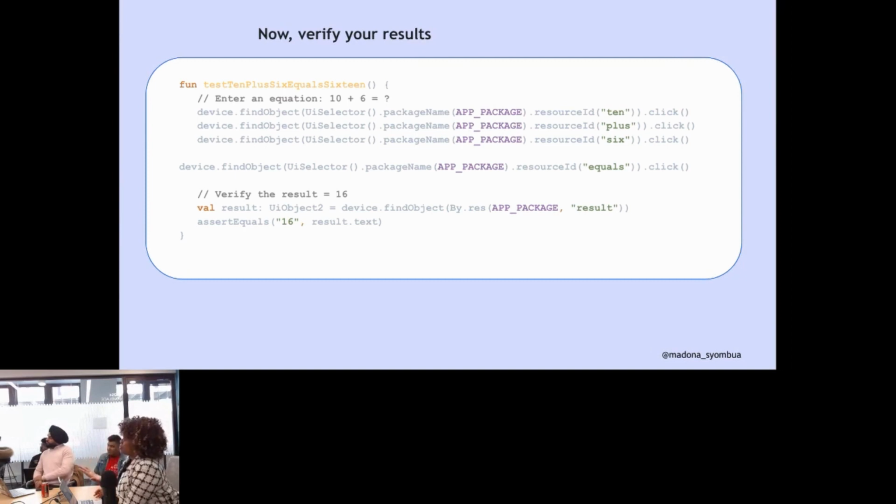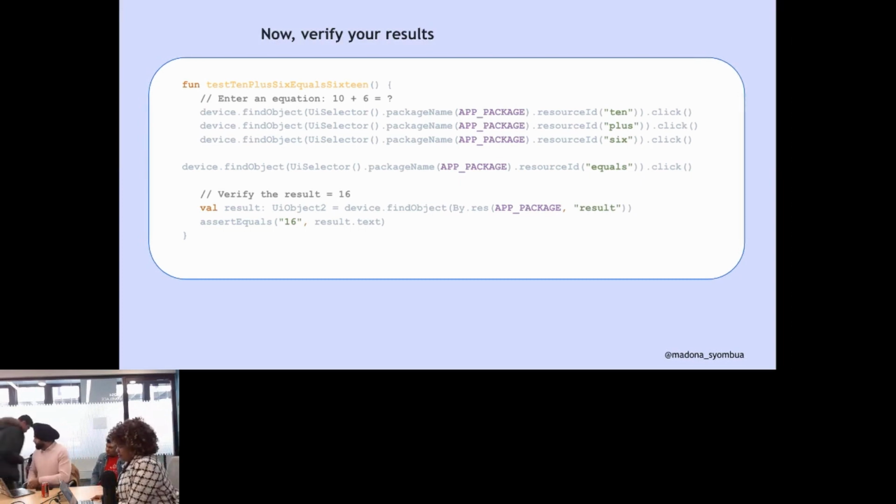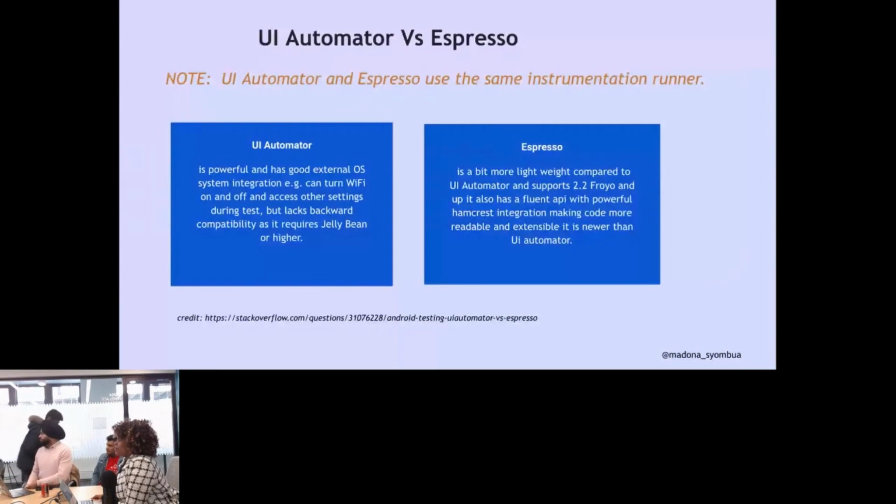We need to get the package name, then get the app package, the package you're trying to test. Then we pass in the resource ID, let's say 10 plus 6, and then we also have an equals. We're writing the entire process and then we assert the verification to be 16, and that will return true. It definitely reduces the work, but there's still a lot of work to be done.